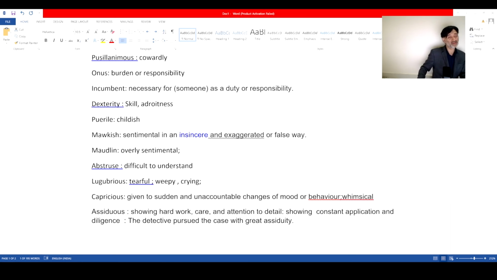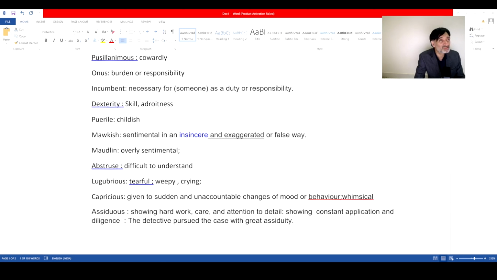Okay, let's go to another word. Let me think about it, exegesis. Our next word is exegesis. It's an interpretation of a religious text, especially the scripture, right? So critical explanation or interpretation of a religious text is an exegesis.